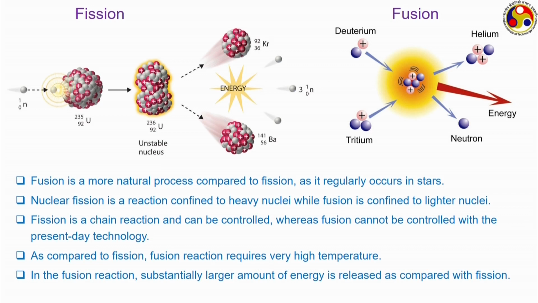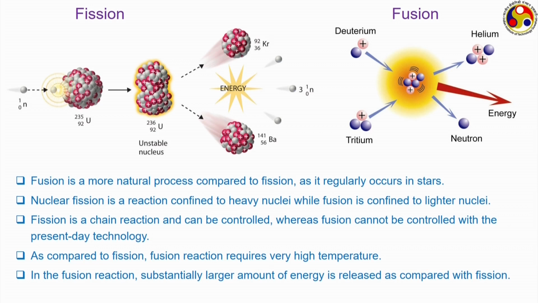Fusion is a more natural process because we can regularly find it in extraterrestrial bodies like the stars, but fission is a reaction which is confined to heavy nuclei, and the chain reaction or fission reaction can be controlled as per present day technology. However, we are not in a position to control the fusion reaction. One big problem in fusion is that it requires very high temperature and several other extreme parameters. Research is on, and hopefully we shall be able to capture the fusion reaction at laboratory scale in future.